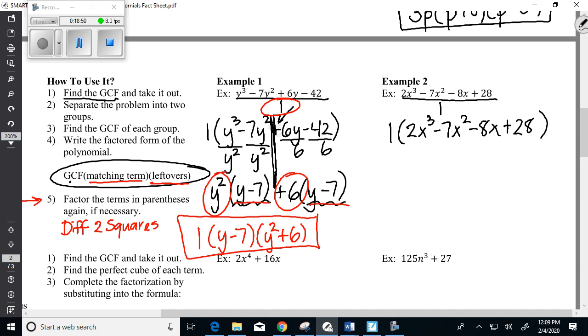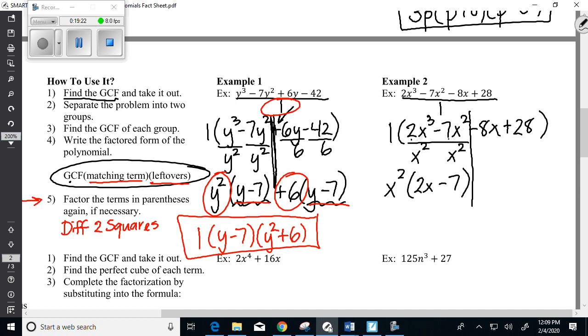Next part, separate into 2 groups. So draw a line, put it in parentheses, whatever you need to do. Out of the first group, 2 and 7 do not have anything in common other than the number 1. But they do have an x, so you can divide both terms by x squared. If you do that, x squared parentheses 2x minus 7.